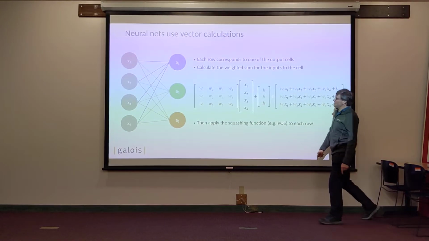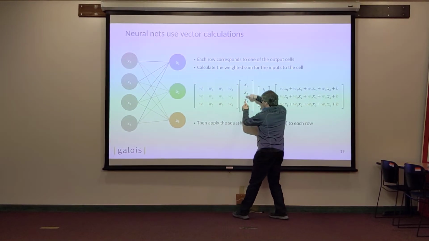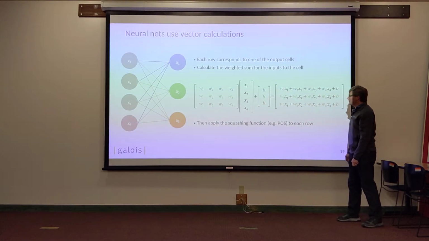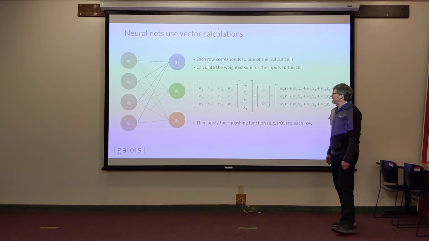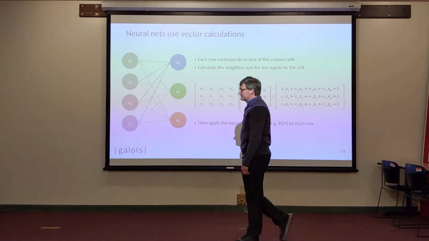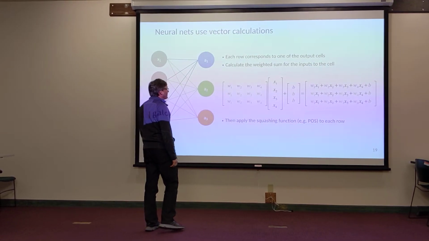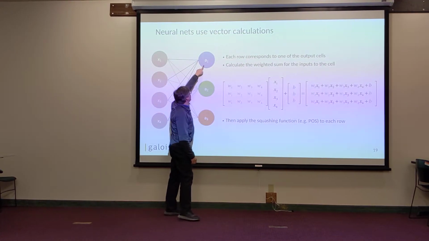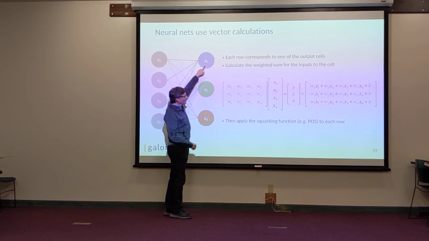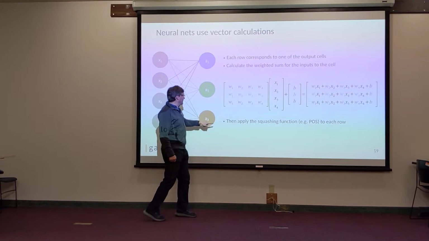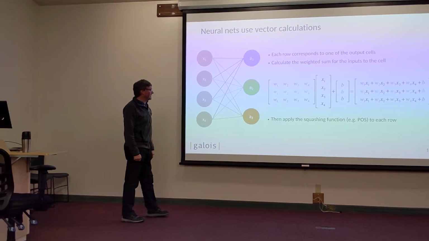And then we do the same with the second row. We take this row and multiply it by the column, piece by piece, and you get this term and the third. And so that's very closely related to what's going on in each of the things. This is how you calculate this A1. You calculate A2 by the green and A3 by the brown.